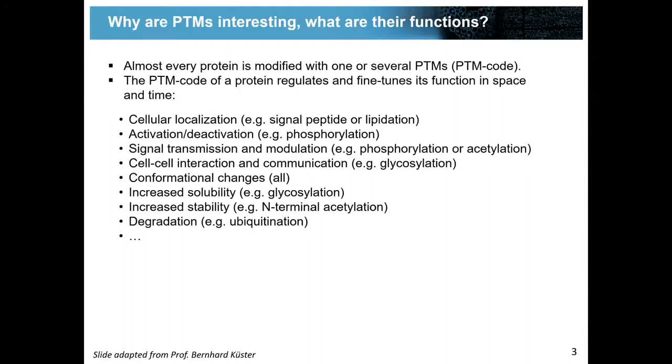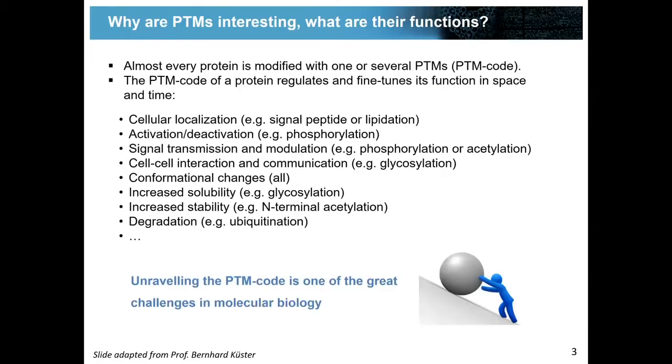And these functions are pretty much all functions you can think of: localization, activation, deactivation, signal transmission, solubility, stability, degradation, all these things you can think of what a protein might be used for in the cell. And unraveling these PTM codes, so to understand which PTMs are happening, how these different PTMs on the same protein might communicate, how they cross-talk with each other, that's really one of the great challenges that molecular biology faces at the moment.